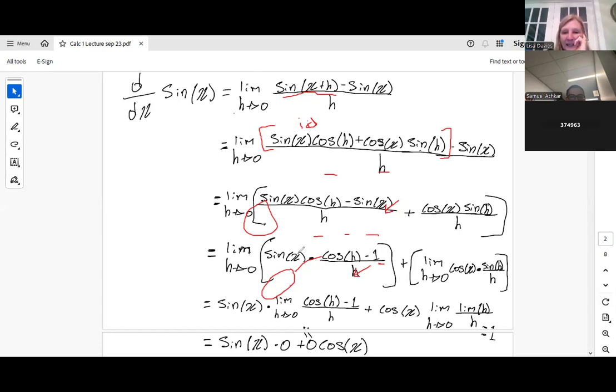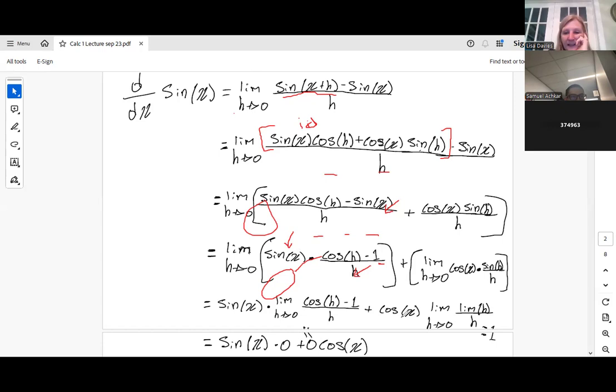By doing that, he's doing the same idea here. He's taking a common factor out of sine x, and he's working that one down to cos h minus 1. And the cosine of 0 is 1, so 1 minus 1 would be 0. So that's how he's getting sine x times 0.